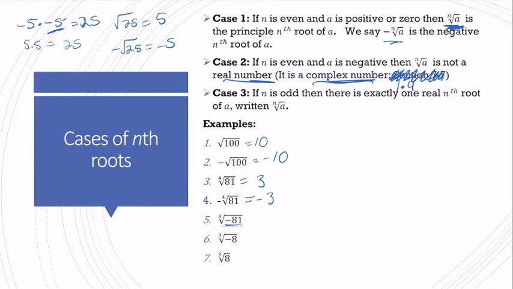So this is a complex number, and we're going to skip it for now. But I can take the cube root of a negative number, right? That'd be negative 2, because negative 2 times negative 2 times negative 2 gives me negative 8. And the cube root of 8 is 2.